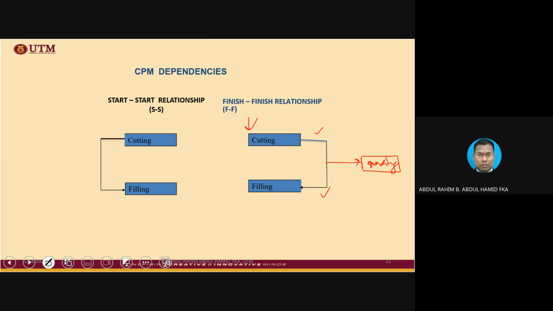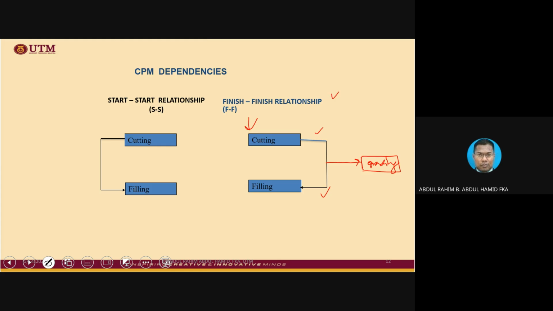So the difference between start to start and finish to finish, even though they look the same in terms of the activities, is just to emphasize which one is more important, the starting timing or the ending timing.